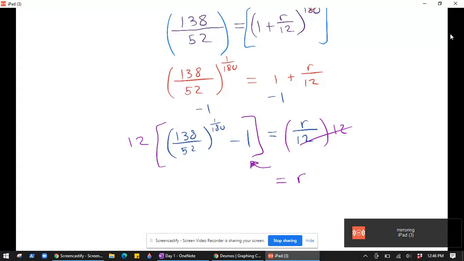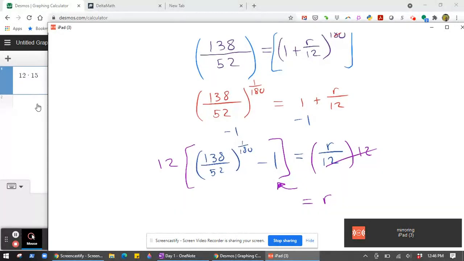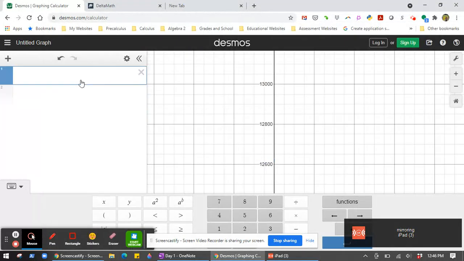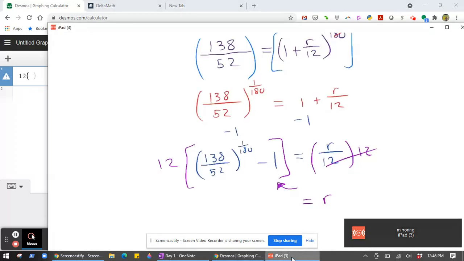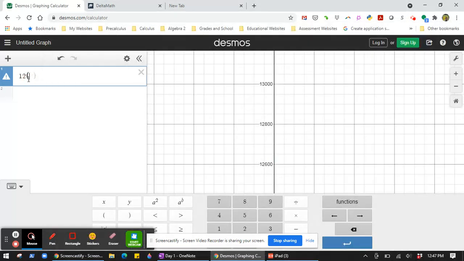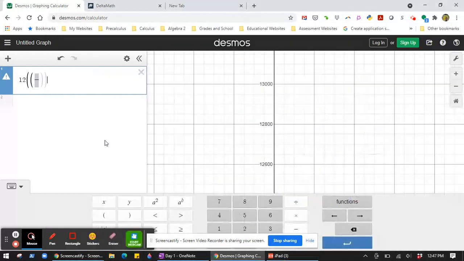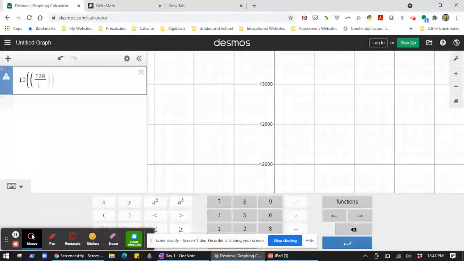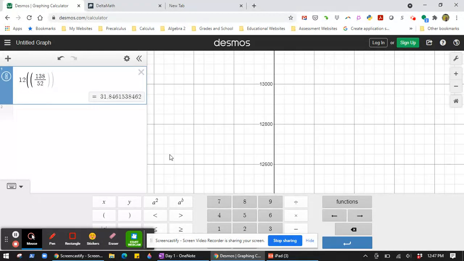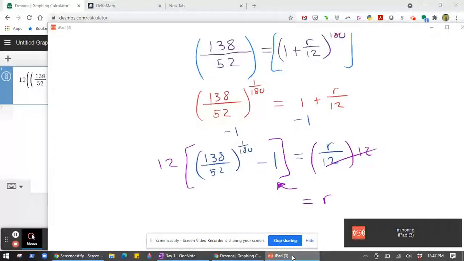To save on having to rewrite it, let's put that in Desmos exactly as it's written. So it's 12, and I'm going to use parentheses. I'm going to start new parentheses, 138 over 52, so still inside another set of parentheses with a fraction. 138 divided by 52. I need to exponentiate that to the 1 over 180.